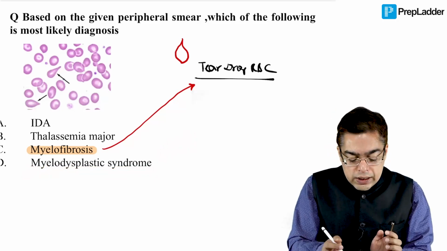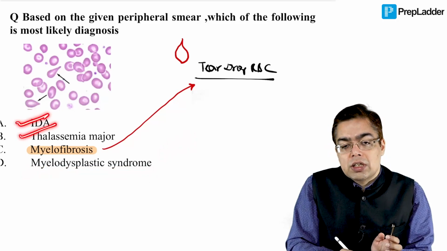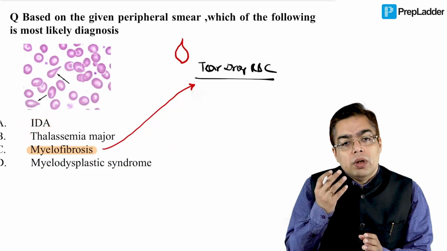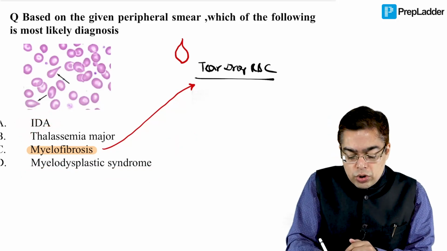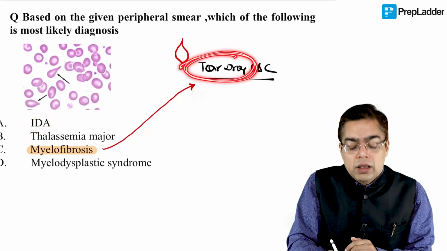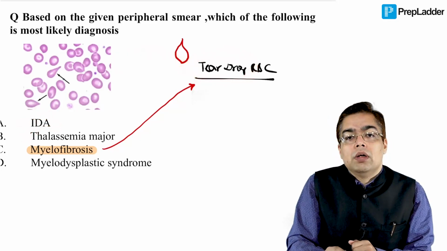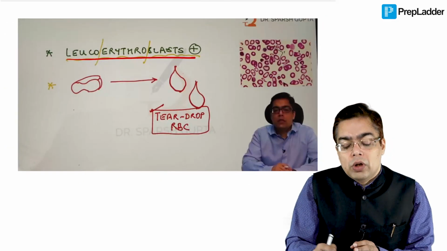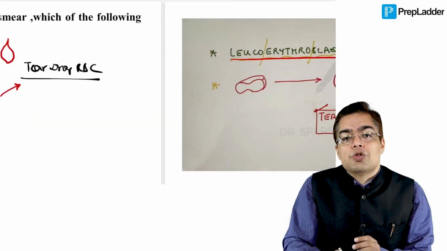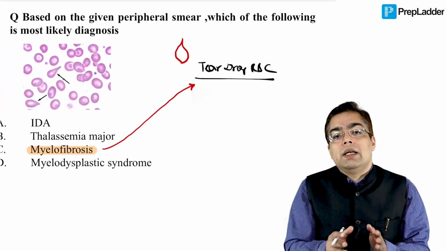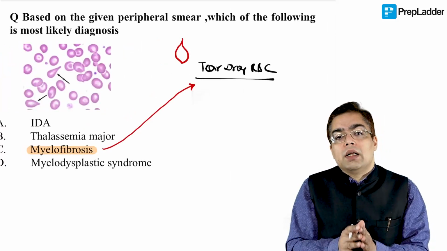But all in all, at least about the first three conditions, you must always have an idea. The only tweak that the examiner did was, instead of giving you that term teardrop RBC, they gave you an image over here this time around. But thankfully, we did have a discussion about that particular fact as well along with the image. So I believe the question, even though slightly tough, would have been correctly marked by a lot of you.